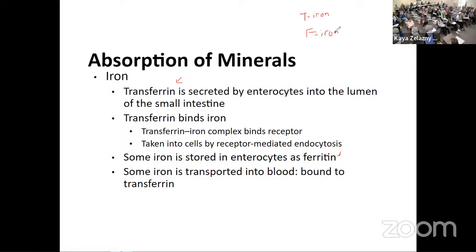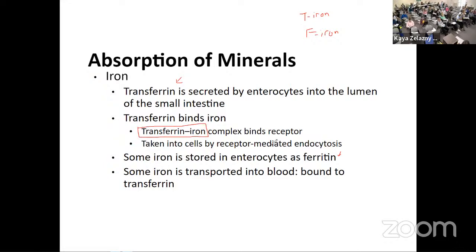Okay, so the way we can move iron around, absorb it into our body, is that some enterocytes, so some cells lining our GI tract, are going to secrete transferrin into the small intestine, which can then bind the iron, so forming that T iron. So that's representing a transferrin iron complex. So they're joined together. Okay.